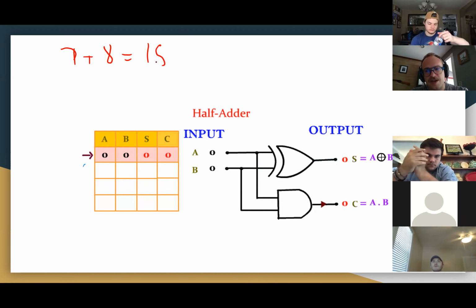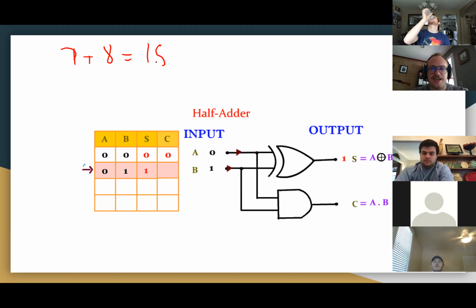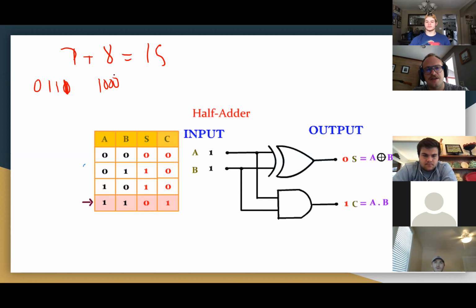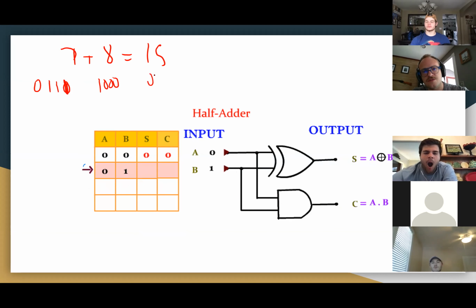Well, we need enough input to handle counting up to that, which would be 4 digits in binary. So those are the binary numbers for 7 and 8. And we would need an output that gives 5 digits. So what's this one? 0, 1, 1.